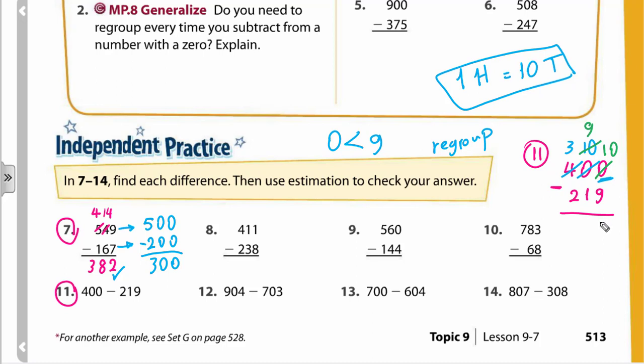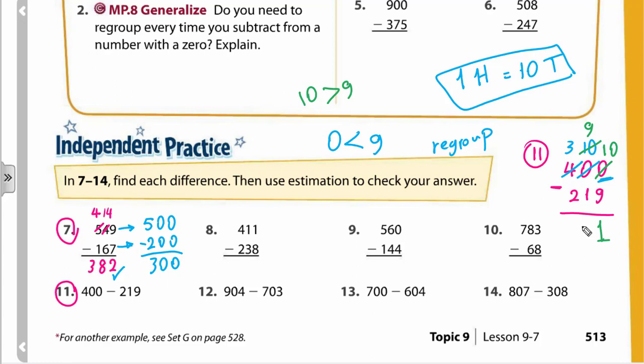10 minus 9 equals 1. And 9 minus 1 equals 8.